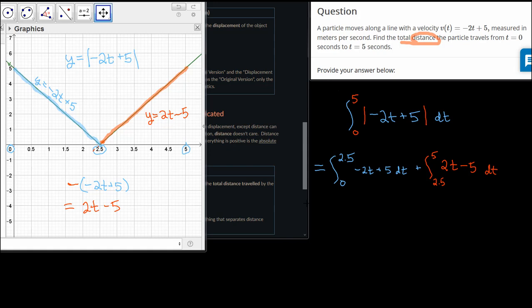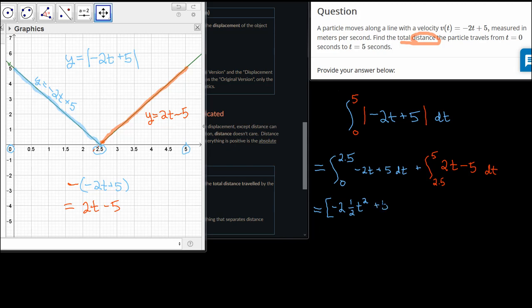I don't know if I want to go through this whole computation with you. Maybe I'll take some shortcut, because I hope you could do it yourself from this point. The antiderivative of negative 2t: the negative 2 stays there, and the antiderivative of t is t squared, but the power rule for antiderivatives says you have to divide by the power, so we get 1/2 t squared.